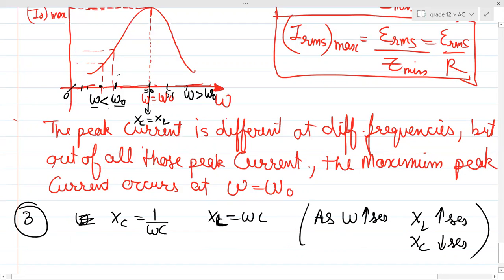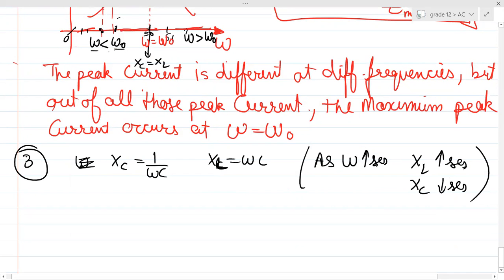Now, if I talk about a frequency which is less than omega naught, that implies I have decreased the frequency. If I decrease the frequency, XL will decrease and XC will increase, right? Just the opposite of what I wrote. If omega decreases, then XL will also decrease, but XC will increase.